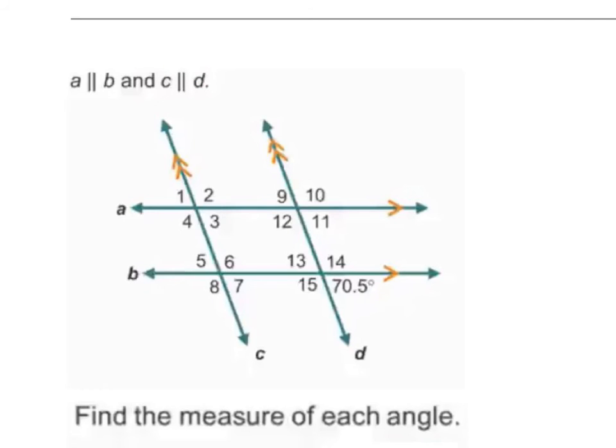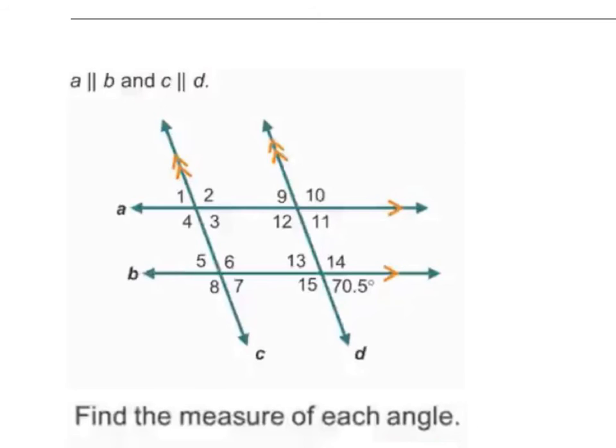I'm given one angle here, that this is 70.5. What I can now do is figure out all of my other angle measures using the concept of corresponding angles, vertical angles, supplementary angles, alternate interior angles, and alternate exterior angles.